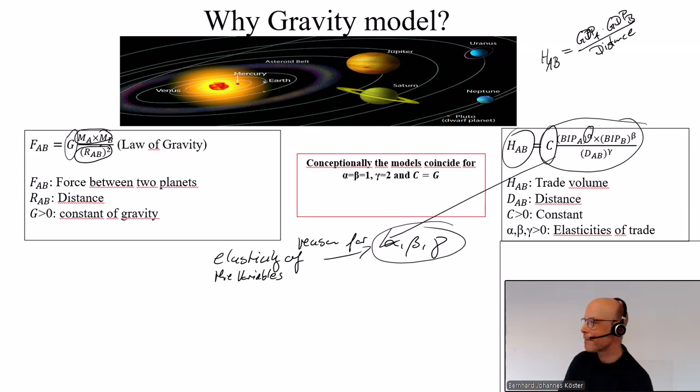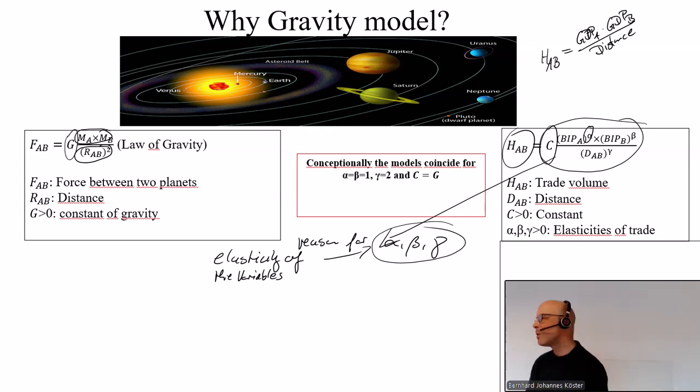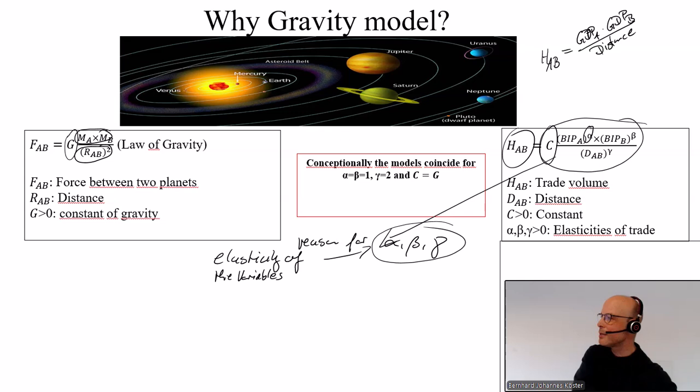So when you have talked about demand elasticity, the price elasticity of demand, then you ask, well, how much in percent is my demand decreasing if I'm increasing the price by 1%? Or income elasticity, how much is my demand increasing if we have a normal good in percent when I'm increasing my income by 1%?